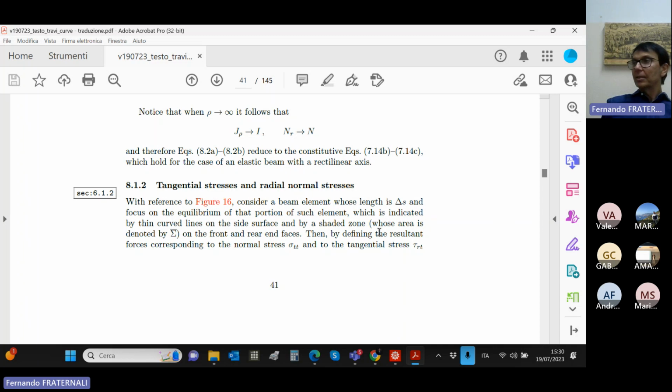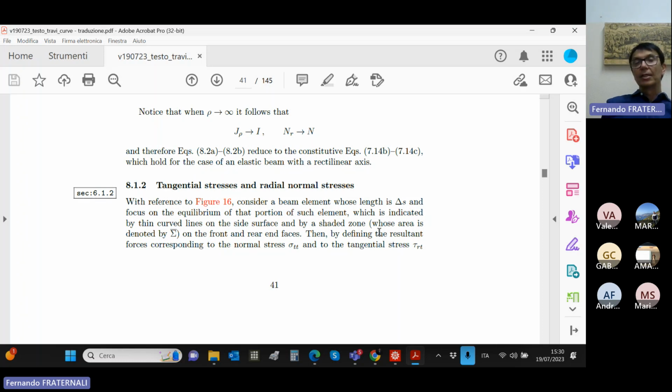In this regard, we should make use of a theory that is a generalization of the theory used in straight beams for computing the shear stresses, by accounting for the curvature of the axis line. We will use equilibrium equations.